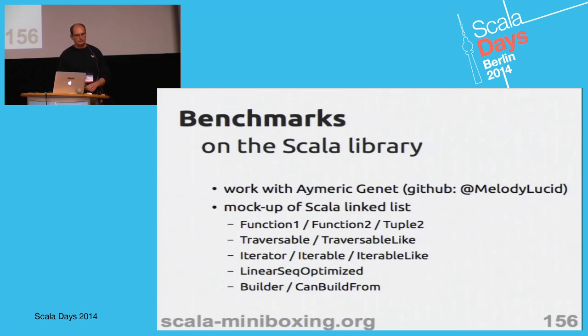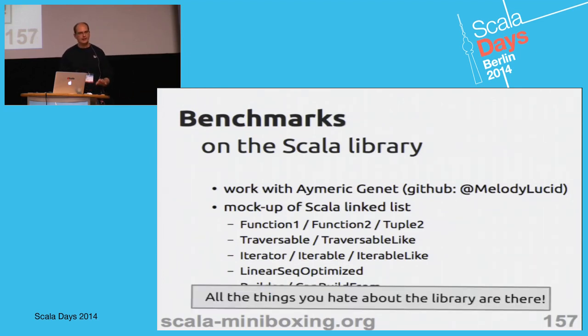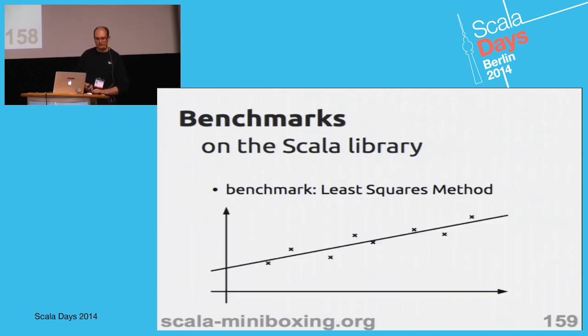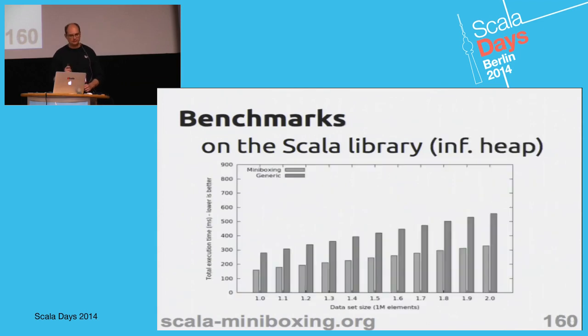That included Function1, Function2, Tuple, and pretty much all the things you hate about the library because they're complex. The benchmark was the least squares method. It's basically taking a set of points and trying to fit a straight line through them the best way possible. And you can see here the results.